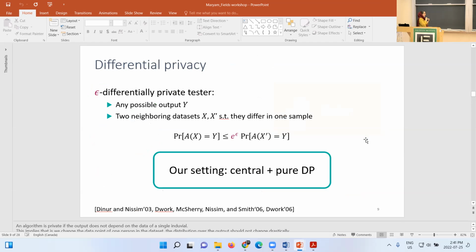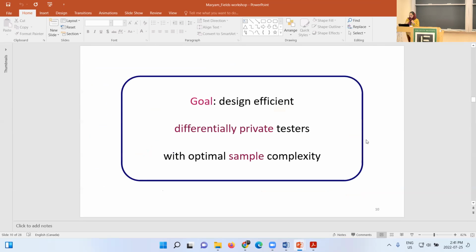I'm not going to define differential privacy for this crowd, but our setting is central differential privacy, and we consider pure DP. The goal is to design a differentially private tester with optimal sample complexity, that uses as few samples as possible, basically.